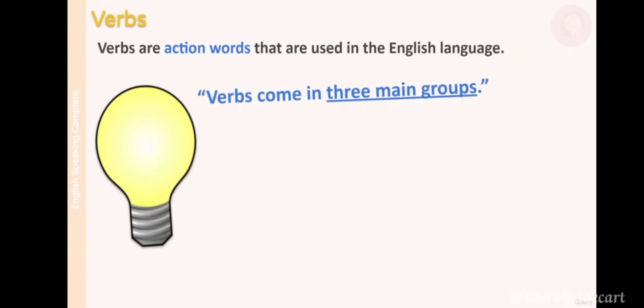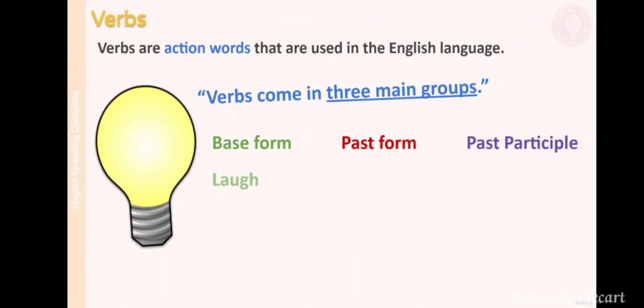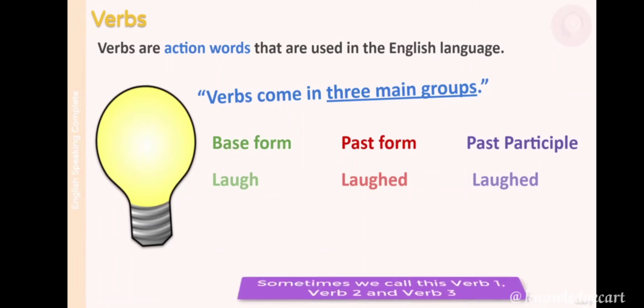So we can have one verb in three different groups, which is base form, past form, and the past participle. Let's take a look at an example. Laugh, the verb laugh. Base form, laugh. Past form would be laughed, and the past participle is laughed.